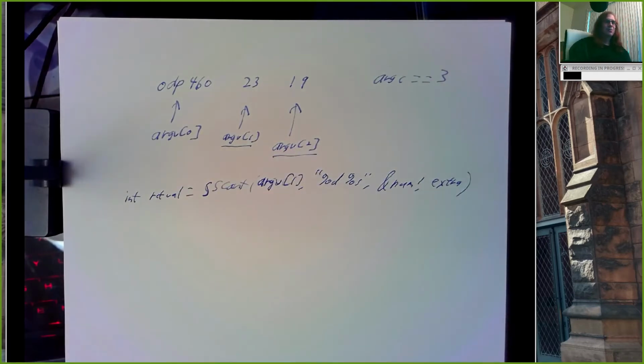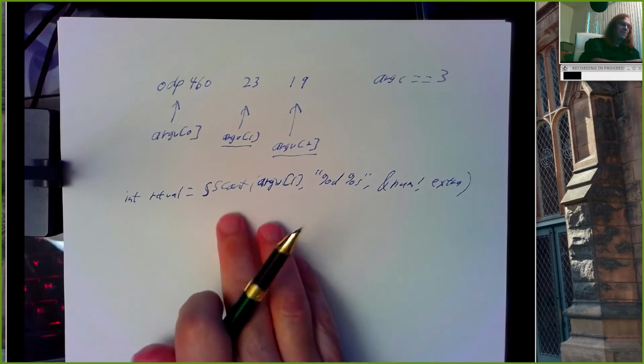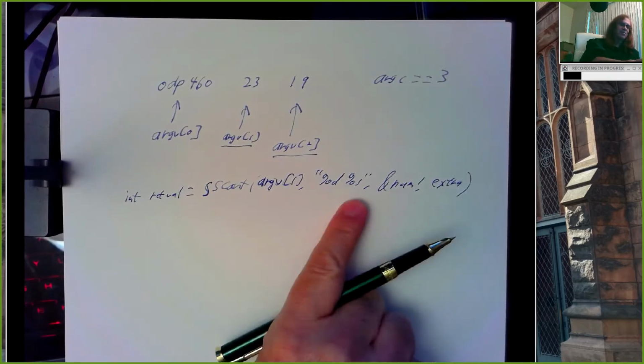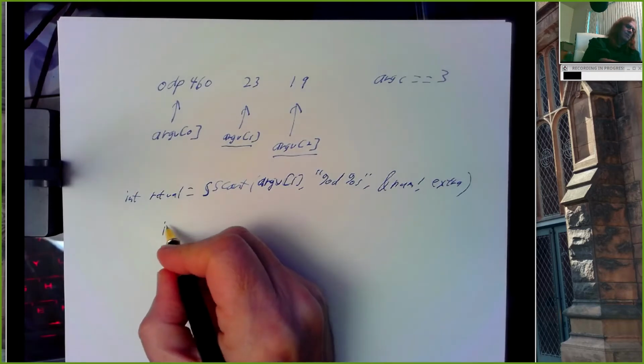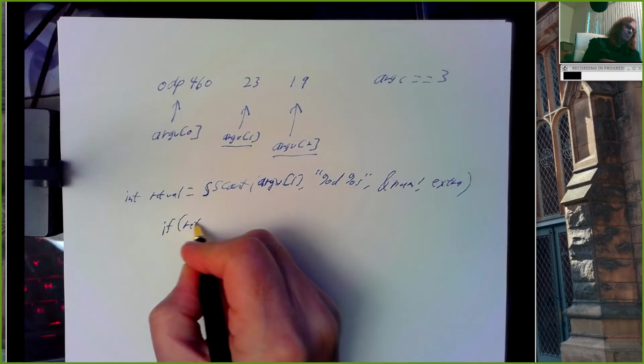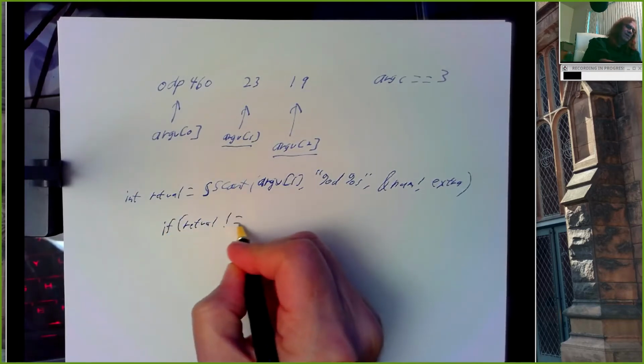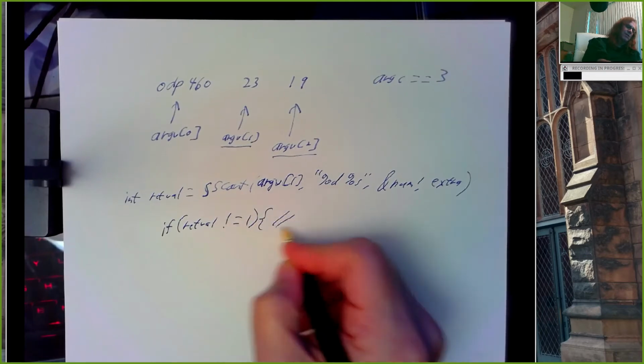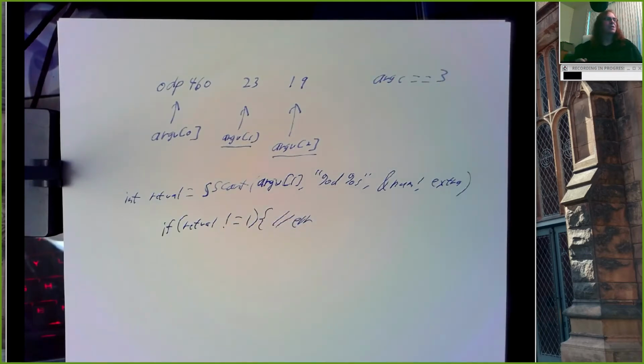Alright, and the rule is the following. If this thing succeeds in parsing an integer and nothing else, retval will be equal to 1. So we can say if retval is not equal to 1, that's an error. Print an error message and exit.